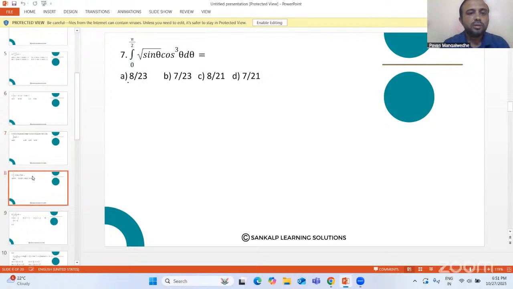Question number 7. Integration of 0 to pi by 2 of the square root of sine theta cos cube theta d theta. What is the value of this? Option A is 8 by 23. Option B is 7 by 23. Option C is 8 by 21. Option D is 7 by 21.